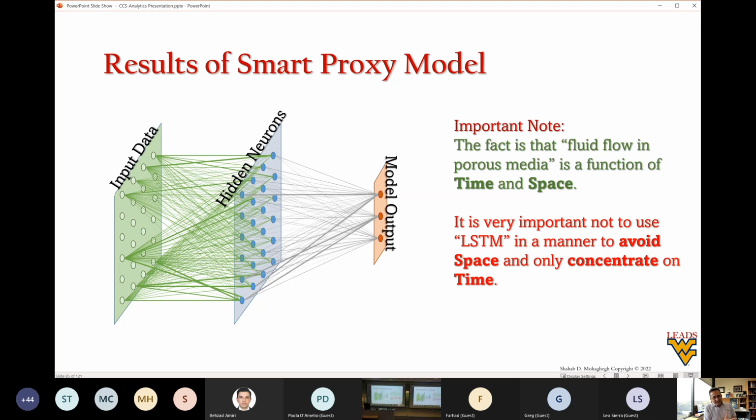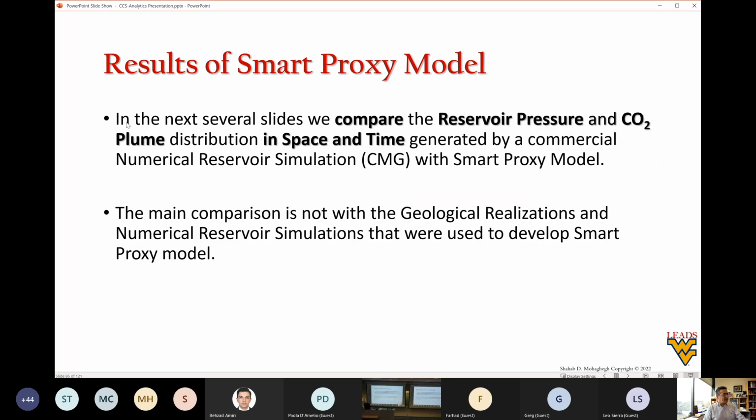Another thing that people do, they use pictures. They try to use convolutional neural networks to do picture training. That's why I'm saying people have very little understanding of AI and machine learning in engineering applications. Anyways, with that, let me show you the next several slides.